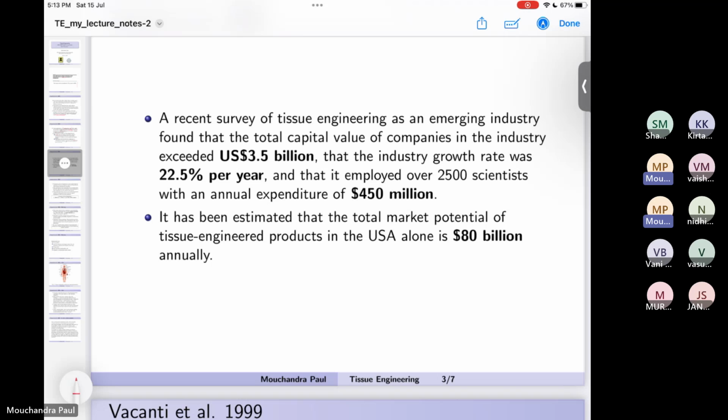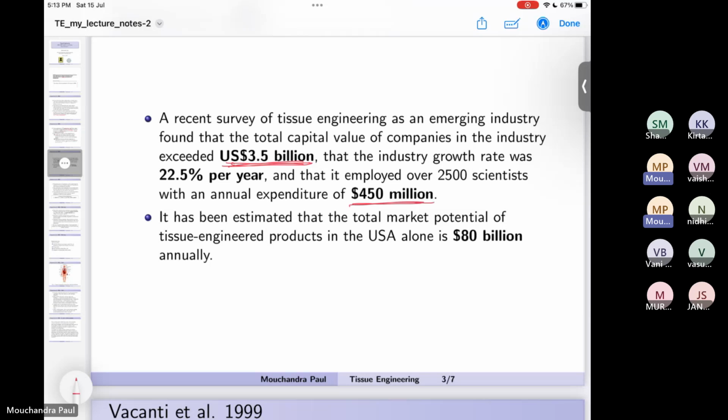The companies in this industry had a total capital value exceeding 3.5 billion US dollars. That's a huge amount for those times, and they projected that this industry will grow at least by 20% every year, and the total expenditure that this industry wants is around 450 million US dollars.